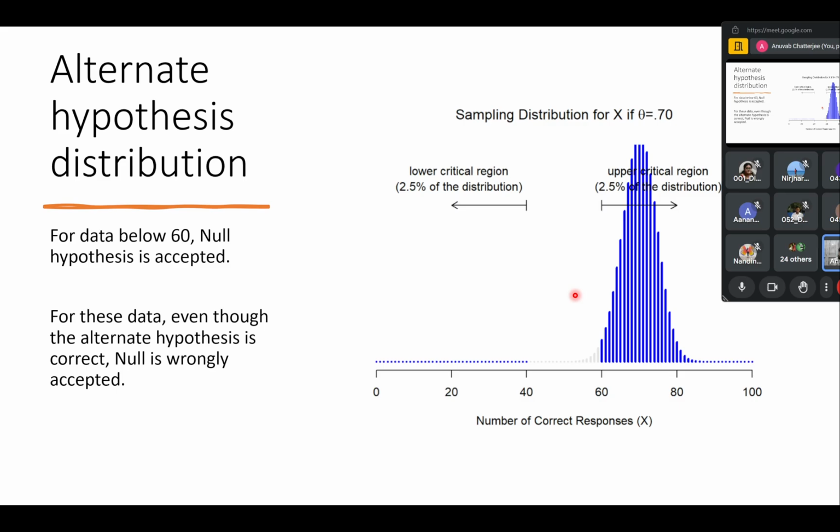Say, same example, GATE exam, most of the people have scored highly, but I am choosing a very small sample, and that is causing me to get a normal looking distribution, and I'm looking at the lower end where it is pretty normal looking. So how can I increase the power of the entire test? How can I figure out that I'm wrongly accepting the null hypothesis? Any guesses?